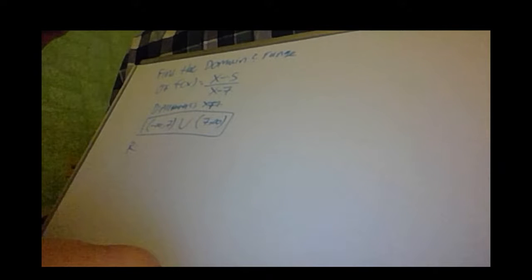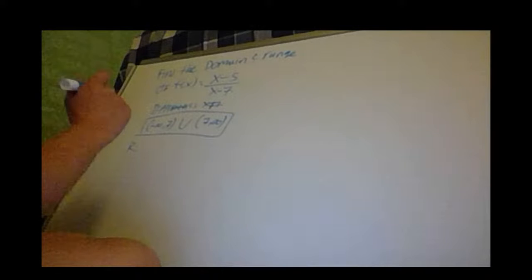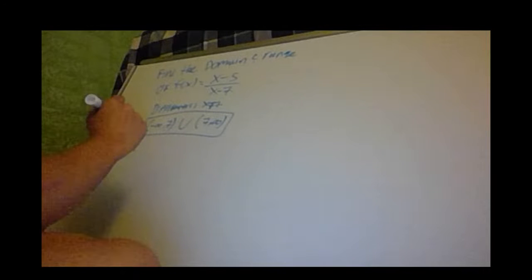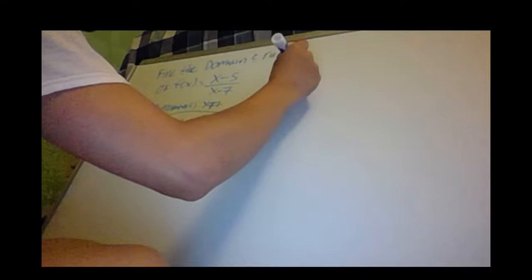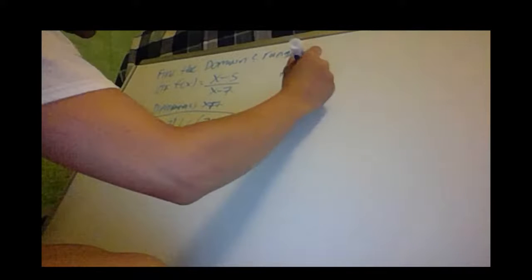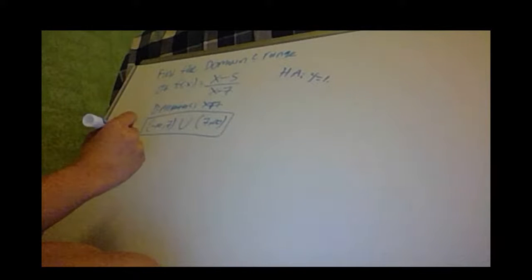The range is, so we want to find the horizontal asymptote of this function. The horizontal asymptote is going to be y equals 1 because the top and bottom have the same power.